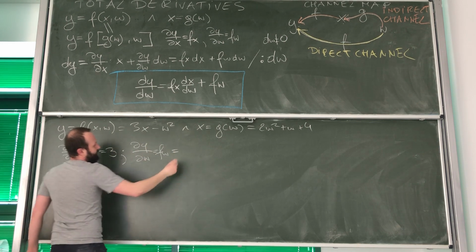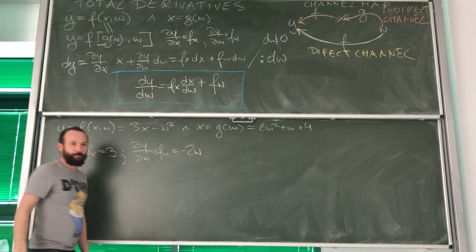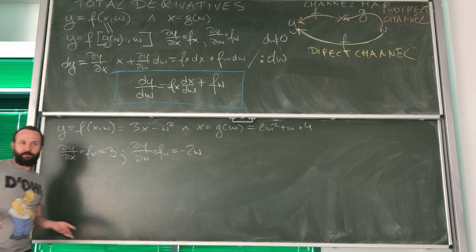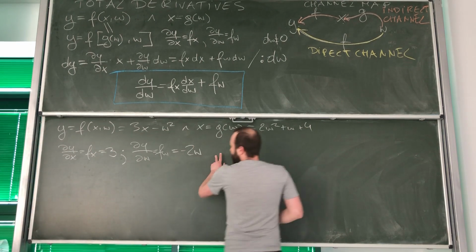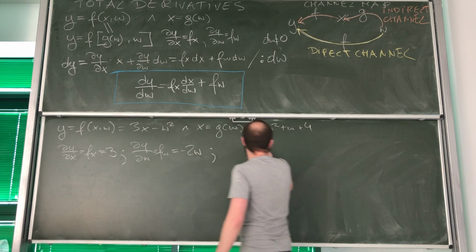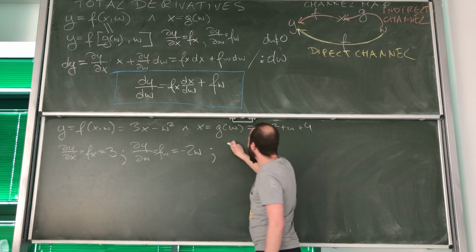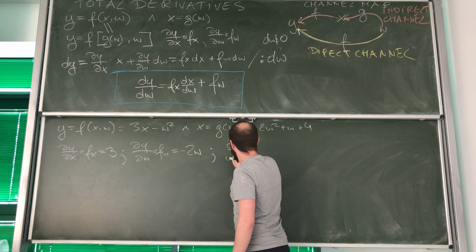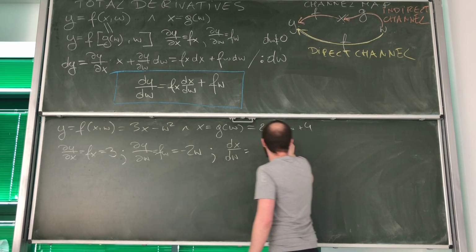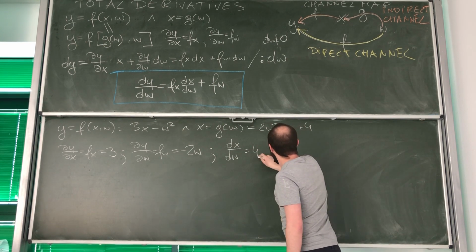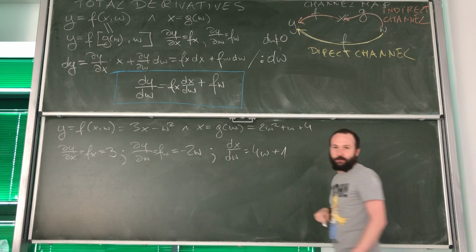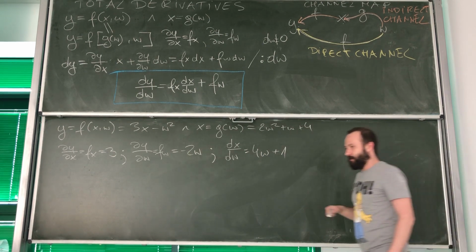Fw, we get this is negative 2. Right? Okay, and then we calculate the last derivative. So dx dw, and we get that this is 4w plus 1.